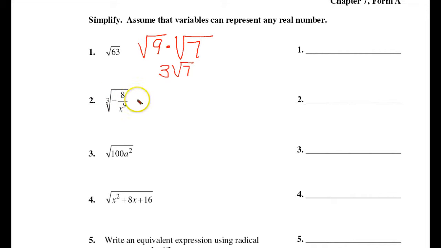So this is going to be a negative, and then the cube root of 8 is 2, and the cube root of x to the 9th power, we're just going to use that index number and divide it into 9, and we get x to the 3rd.